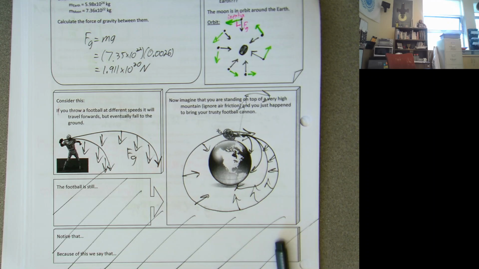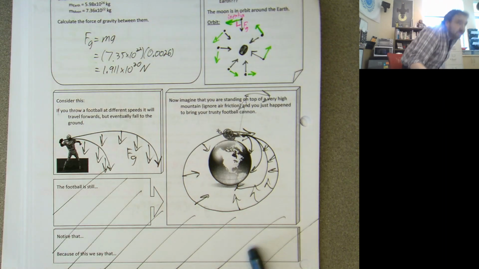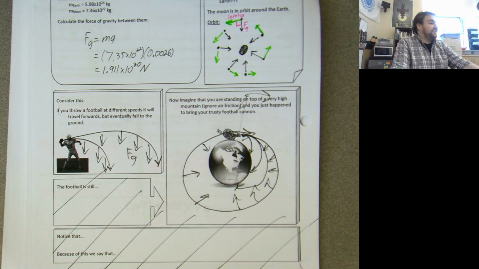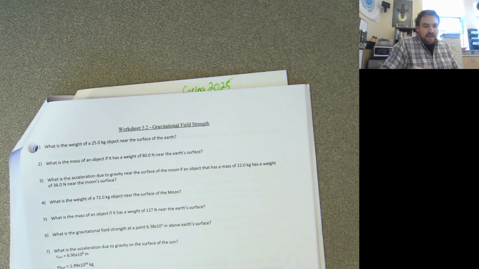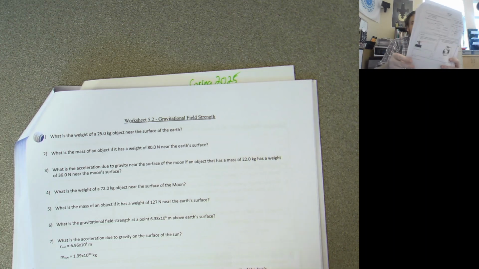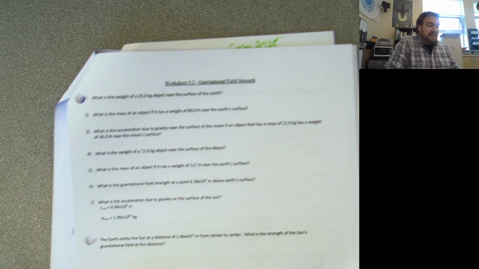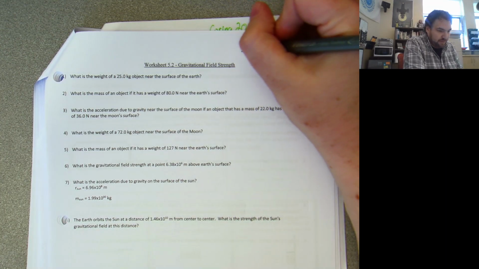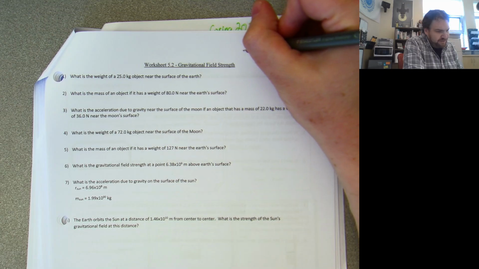Here's what I want you to work on. Any questions you didn't get done from yesterday, you've got time to work on now because you've got about 20, 25 minutes till the bell goes. And I would like you to take a look at these 8 questions. Do I want you to do all 8?